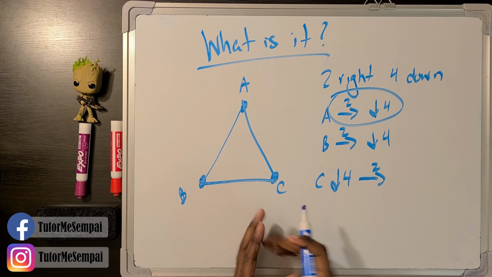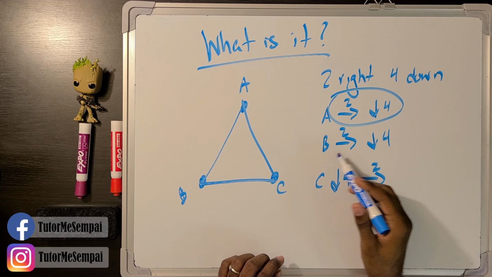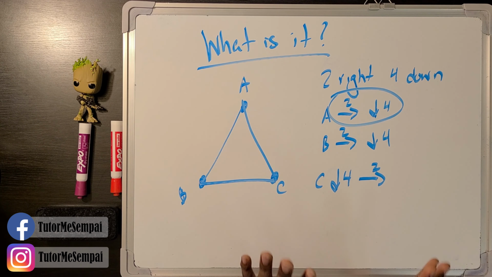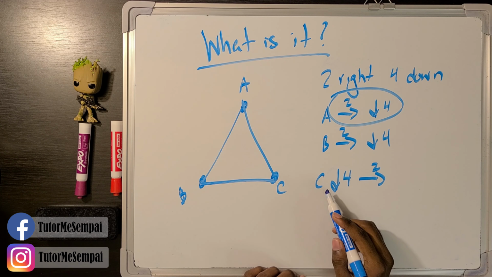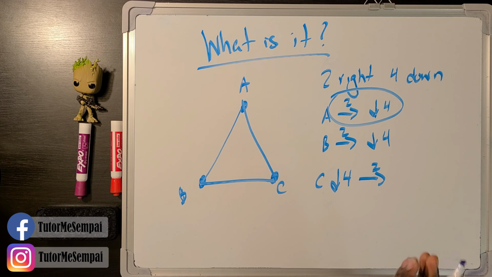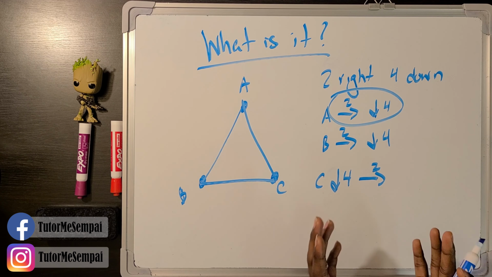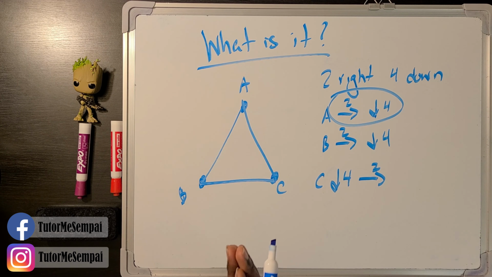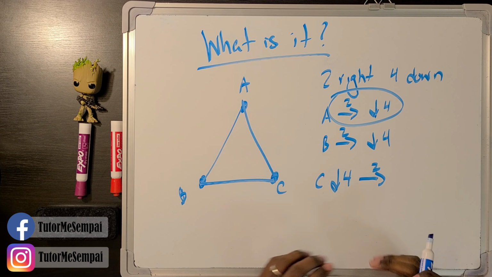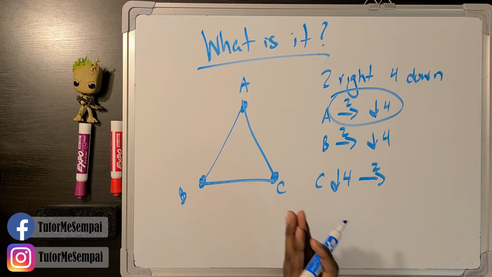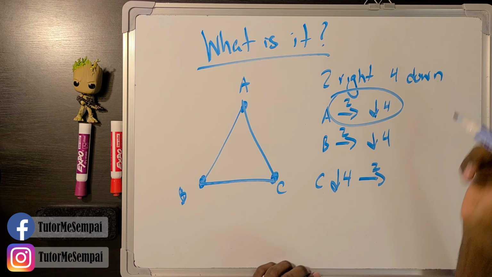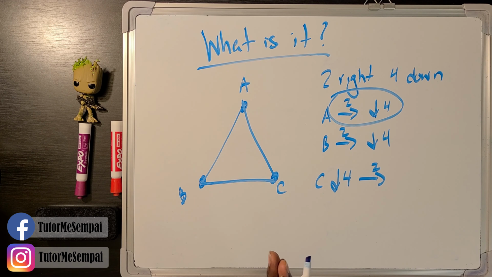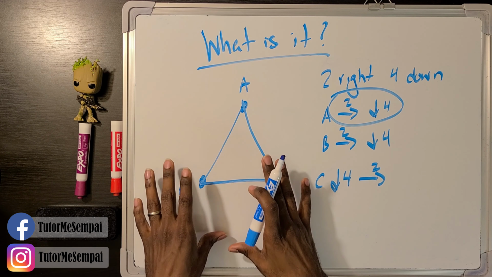It doesn't mean that they have to go in the same exact order. That's not what I'm talking about. As long as the end result is that they all moved the same exact way, that is what your translation is going to cover. Now, this may not make much sense since we don't have an XY plane here, but this is the idea of what your translation is going to cause your graph to do.